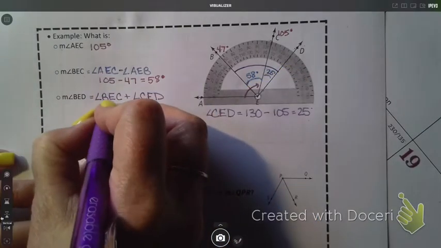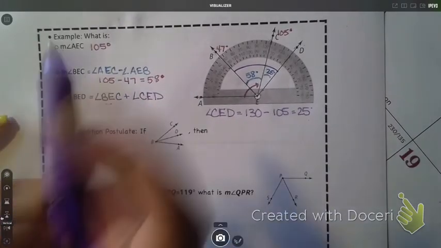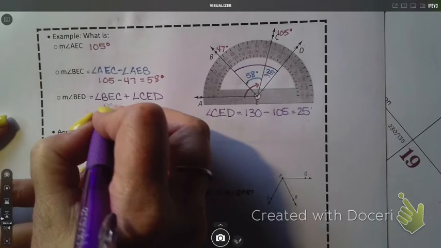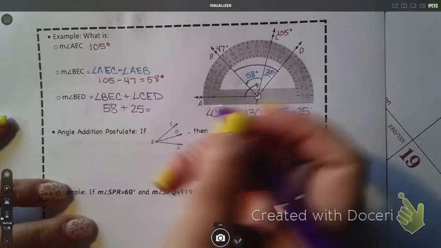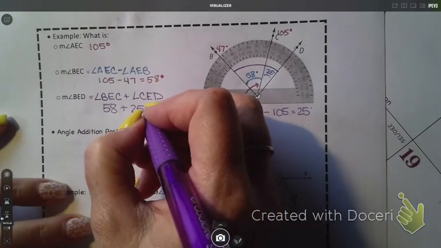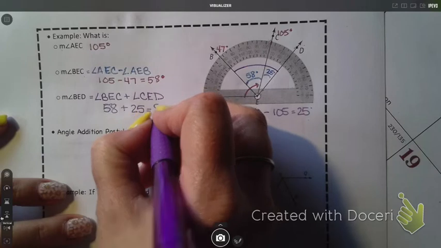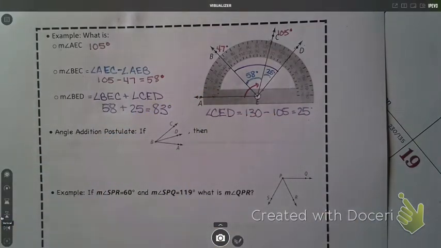So 58 plus 25 is 83. Now, guys, if you were doing them the other ways you were doing them, that's fine. I'm just trying to get you to look at ways that will always work when things get more complicated. Does that make sense? Yeah.